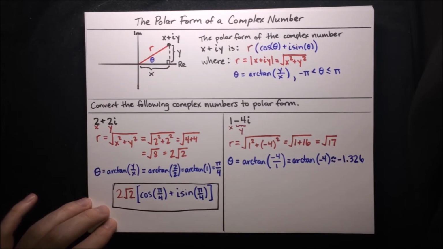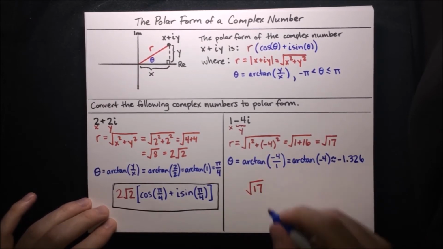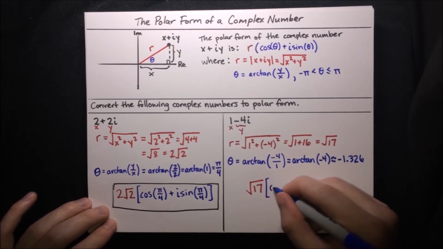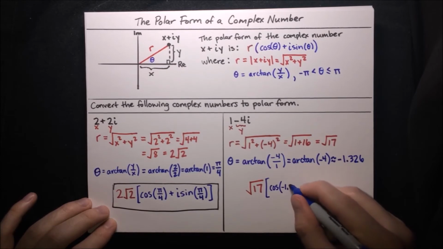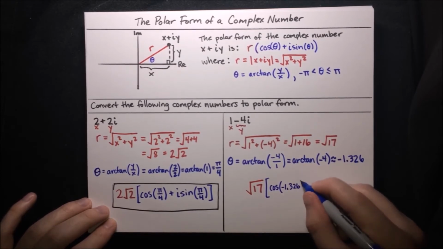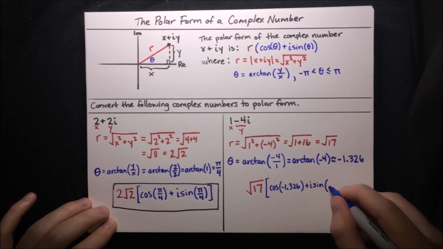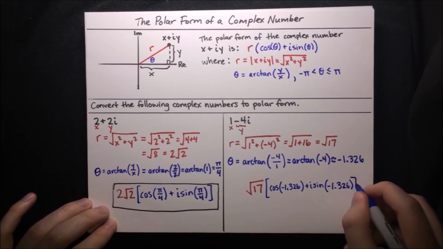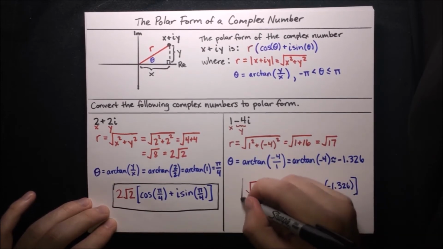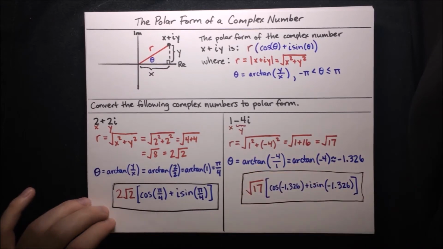So putting this all together, the polar form is r, so root 17, times the quantity cosine of theta, so cosine of -1.326, then plus i sine of theta, so sine of -1.326. And there we go. There is our polar form of the complex number 1 minus 4i.